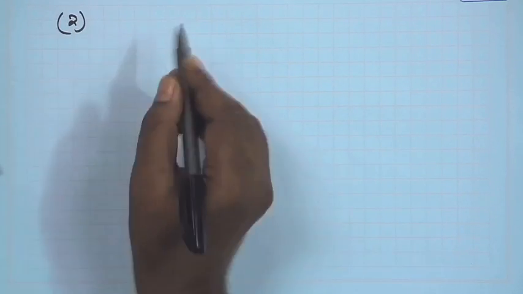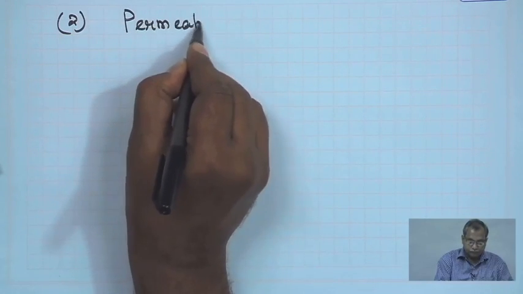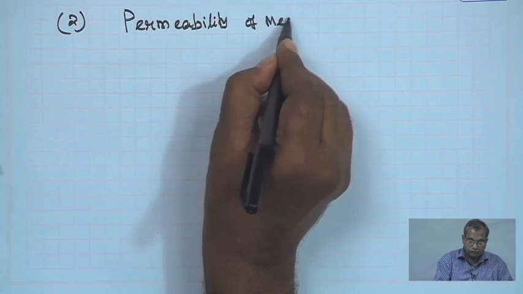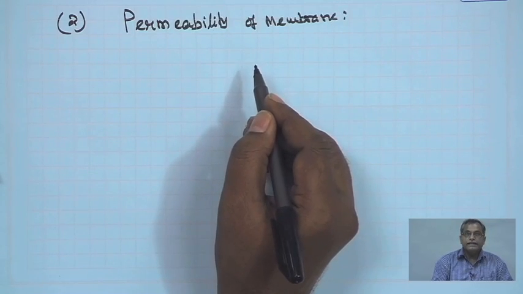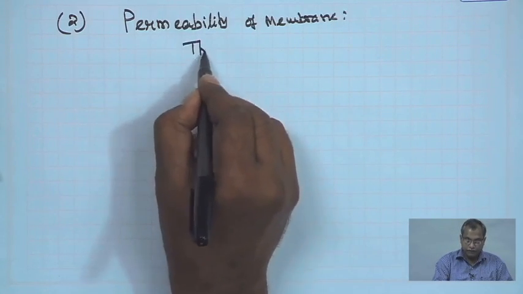So, the next property that we will be looking into is the permeability of the membrane. Permeability is very important because it is directly related to the throughput of the process.